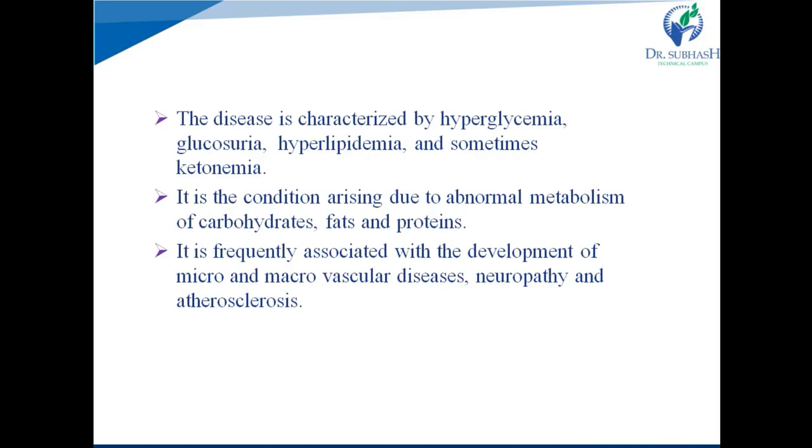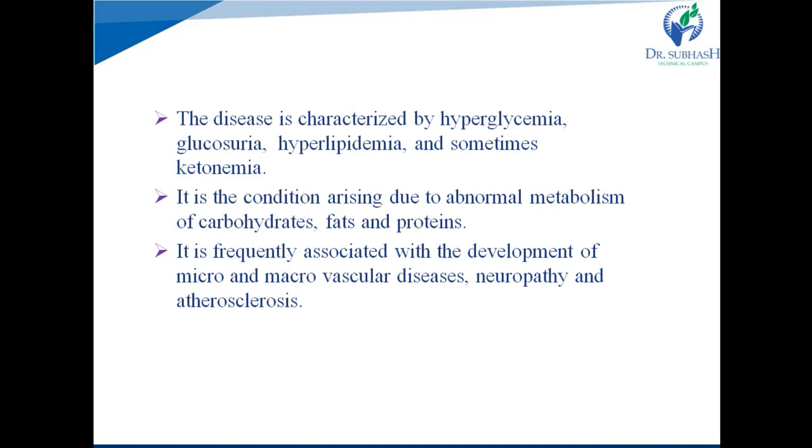Due to this enhanced metabolism of carbohydrate, the production of glucose is enhanced, and due to this hyperglycemia is produced. Then glucosuria means an enhanced level of sugar in urine.